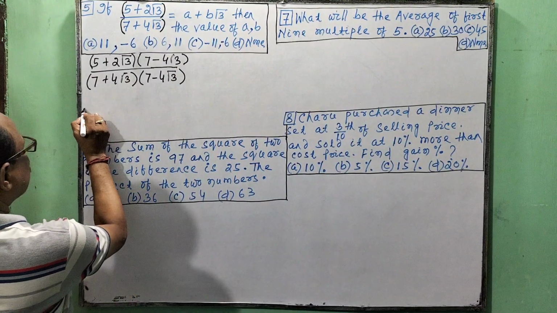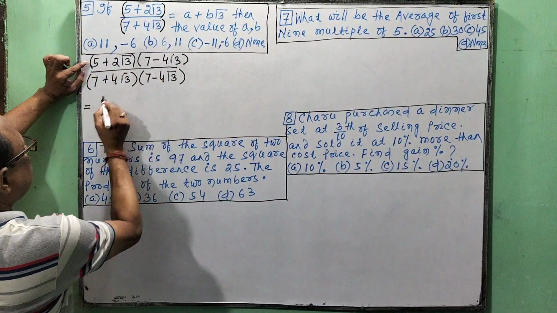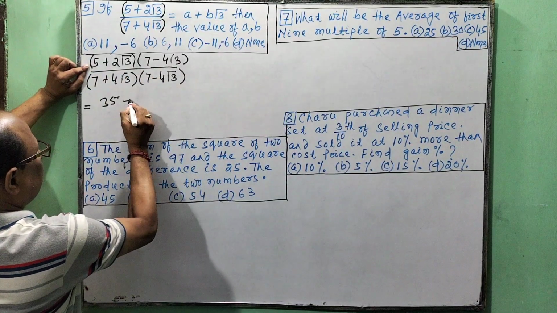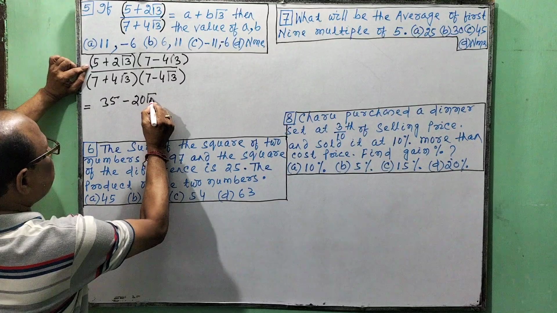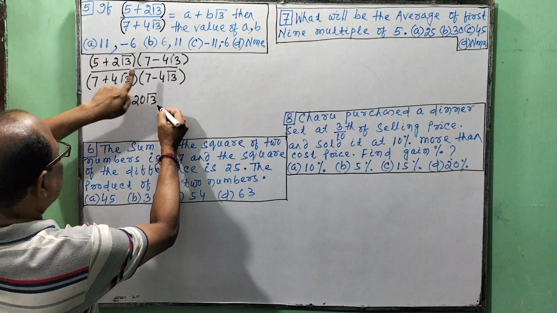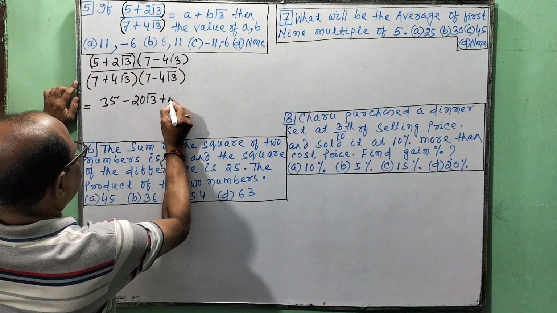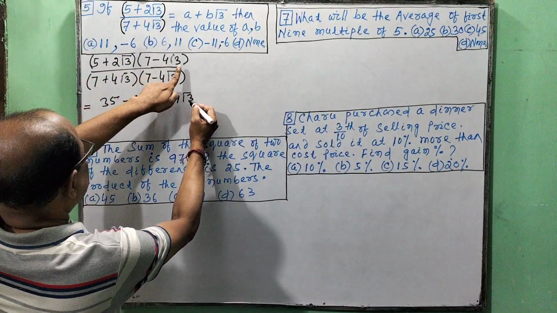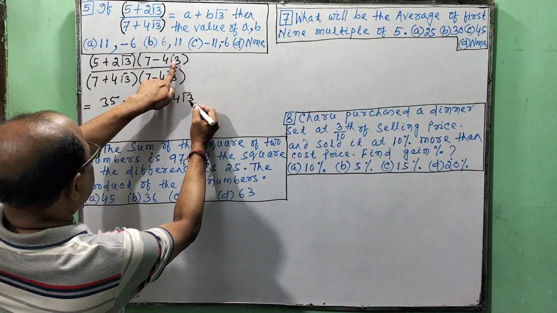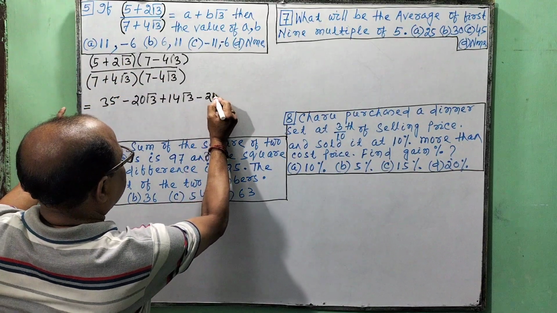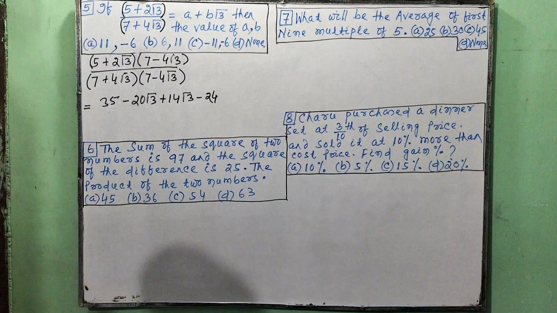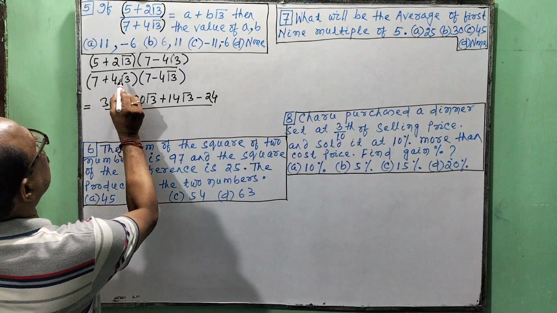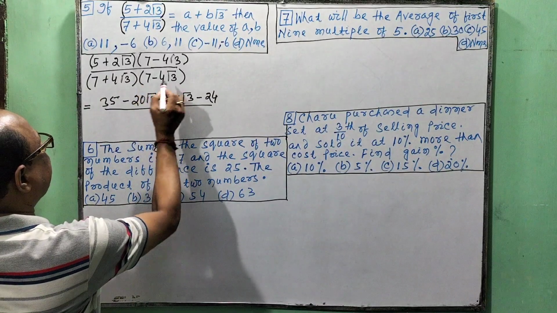So this equals 5 times 7 is 35, 5 times minus 4 root 3 is minus 20 root 3, plus 2 root 3 times 7 is 14 root 3, and 2 root 3 times minus 4 root 3 is minus 24. The denominator is (a plus b) into (a minus b).